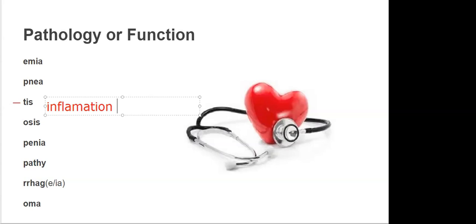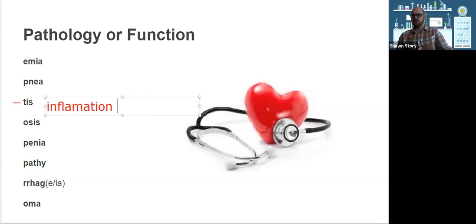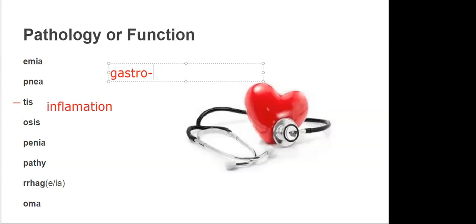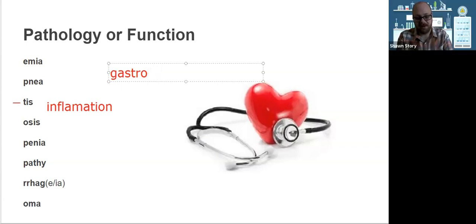What part of the body is gastro? Is that stomach? It is stomach. So gastro is stomach. And then if we add the itis ending, it would be the inflammation of the stomach, gastritis. What about laryngitis?